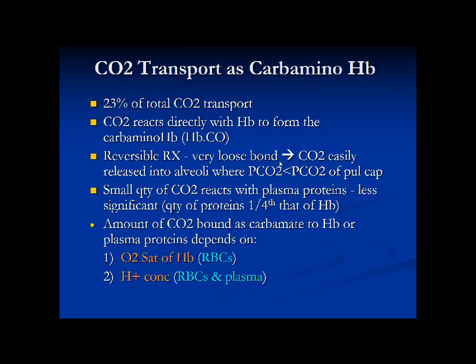The third form of carbon dioxide is carbaminohemoglobin. Carbon dioxide is transported by binding with the hemoglobin, and that compound is called carbaminohemoglobin. So 23% of the total carbon dioxide transported is carbaminohemoglobin, and the quantity is about 0.93 ml per 100 ml of blood.